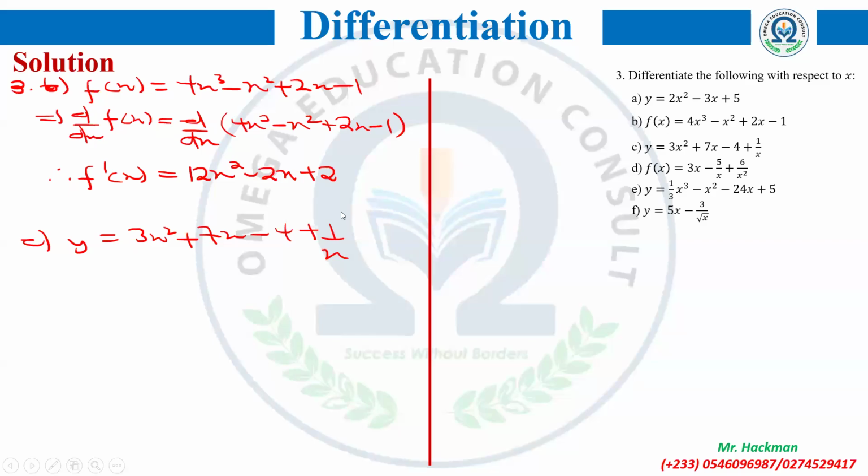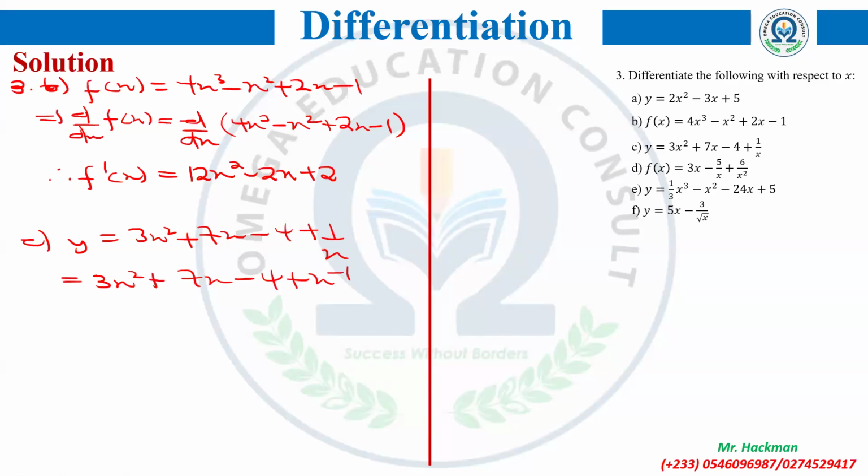Anytime you have a fraction and in that fraction you see one variable term, a monomial, you take it and bring it up. Other than that, when you are differentiating term by term, you have to use the quotient rule. So differentiating this term, I can avoid the quotient rule. So I'll write this equal to 3x squared plus 7x minus 4 then plus x to the power negative 1. I haven't differentiated though, I'm transforming it. Do you agree?